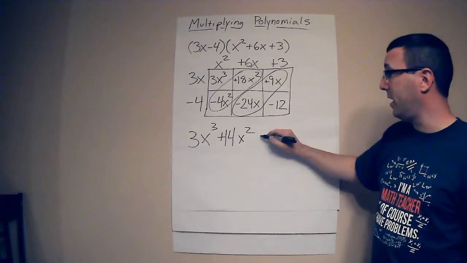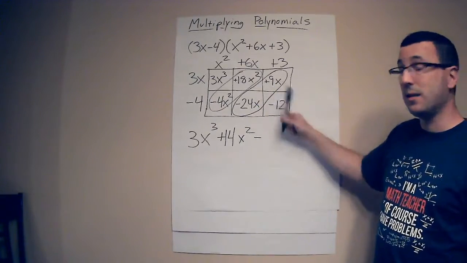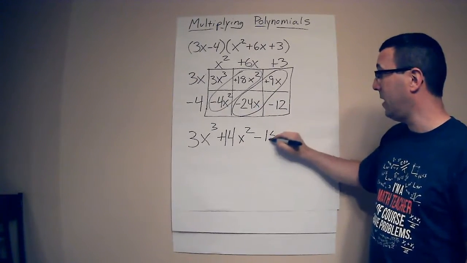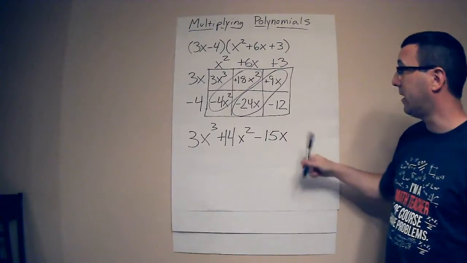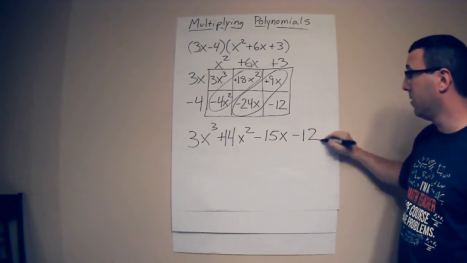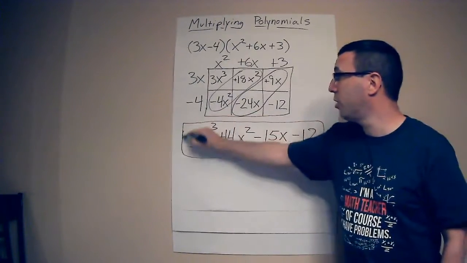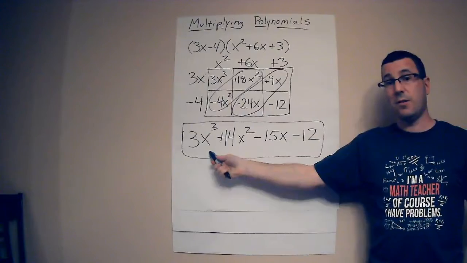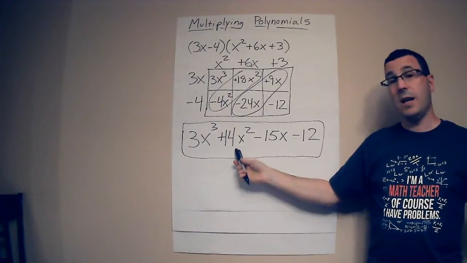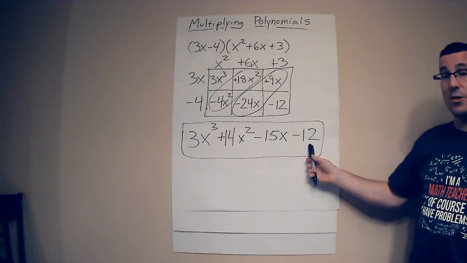We're more negative, so our answer is going to be negative. 24 minus 9 is 15x. And then we just bring down the minus 12. So we wind up with this 4-termed expression: 3x to the third plus 14x squared minus 15x minus 12.